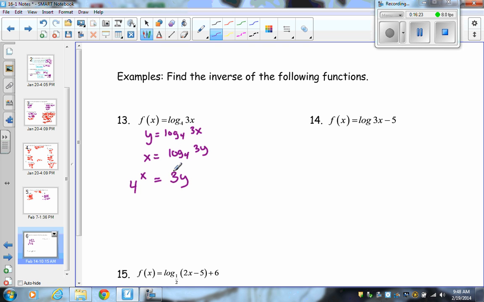Then the last step was the opposite of multiplying by 3, that's dividing by 3. So I get 4 to the x divided by 3 equals y. So our final answer would be that the inverse of f of x is equal to 4 to the x over 3.